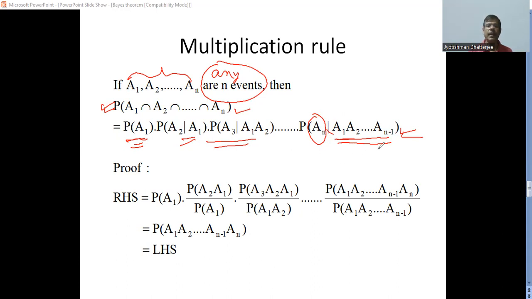Why is it true? Come from the right-hand side. That becomes easier to do. Let's write down the right-hand side, or expand the right-hand side. P of A1 comes as it is. Probability of A2 given A1 is nothing but P of A2 A1 divided by P of A1, just from definition. And again, applying definition, we get this.